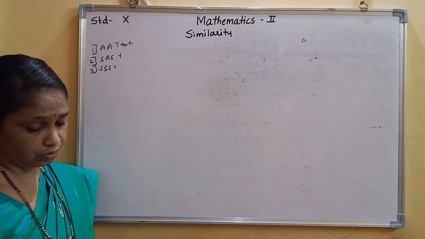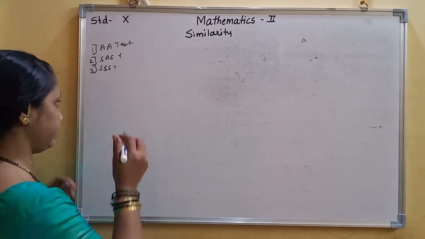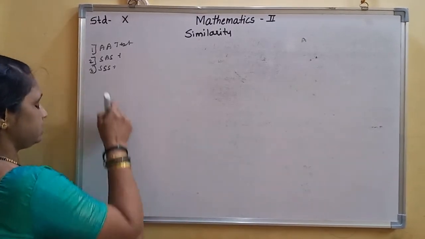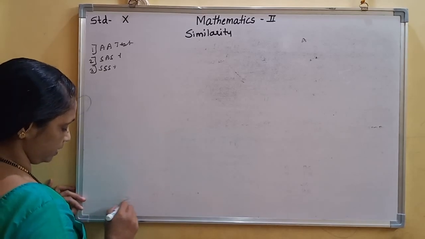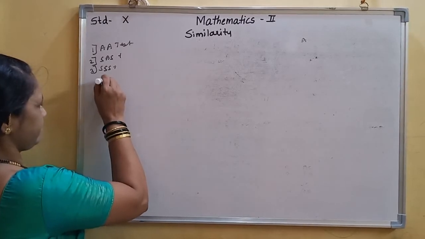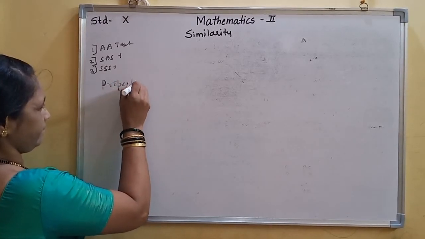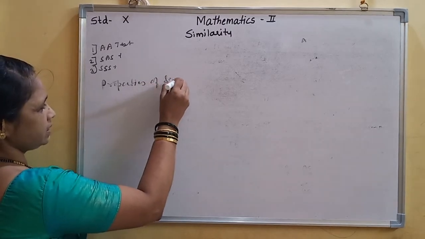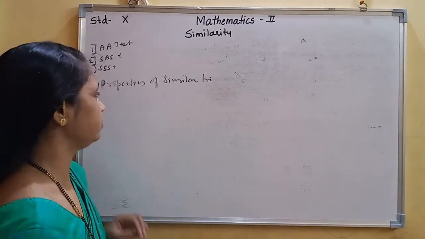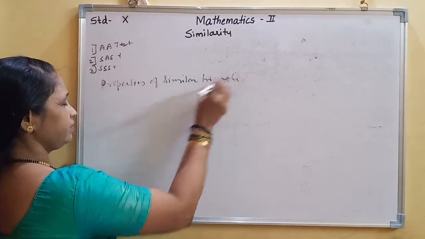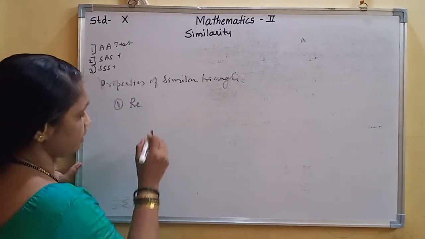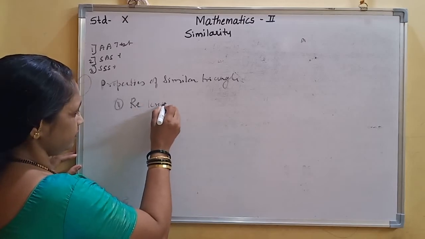Okay. Now based on this, the properties of similar triangles. The first property is reflexivity.